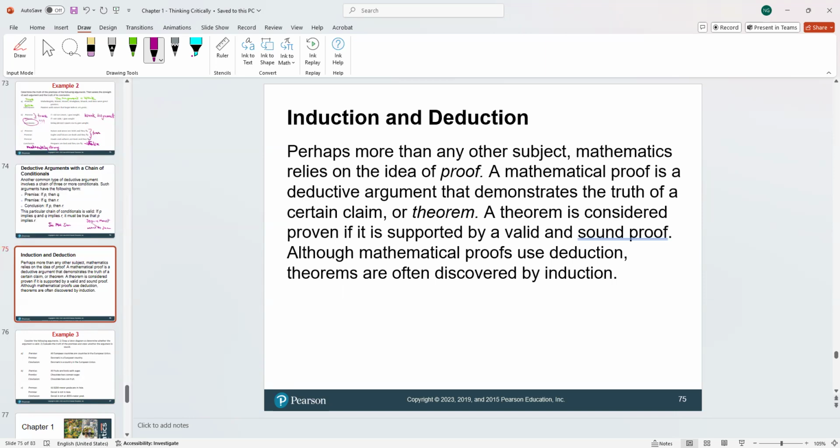A mathematical proof is a deductive argument that demonstrates the truth of a certain claim or theorem, like the Pythagorean theorem, which is based on deductive reasoning. A theorem is considered proven if it is supported by a valid and sound proof. Although mathematical proofs use deduction, theorems are often discovered by induction.